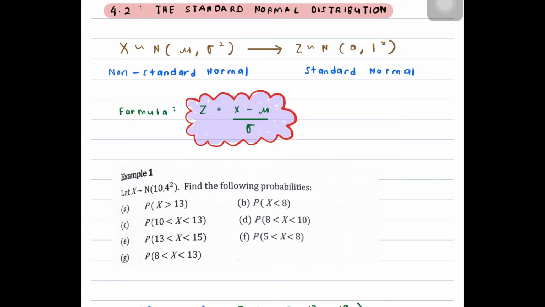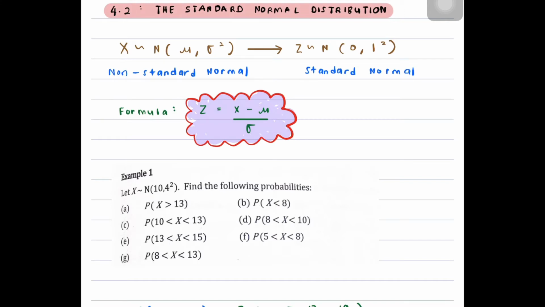Okay, look at example 1. How can you refer to the normal table and how can you convert from a non-standard to a standard normal value? The question gives you the random variable X follows a normal distribution.